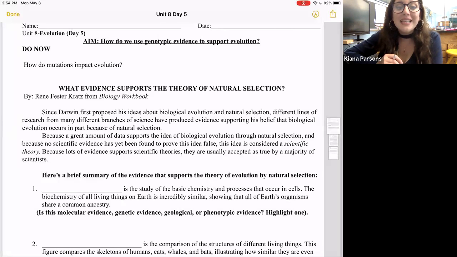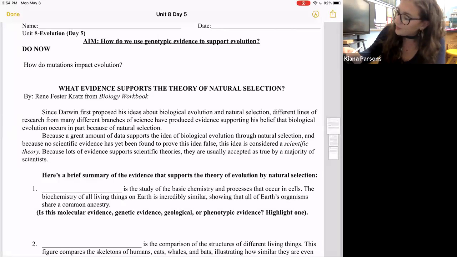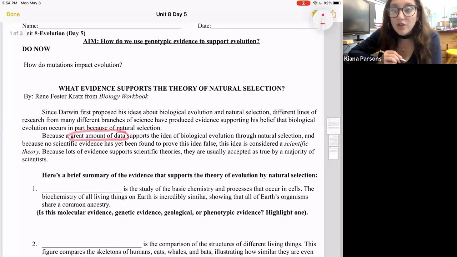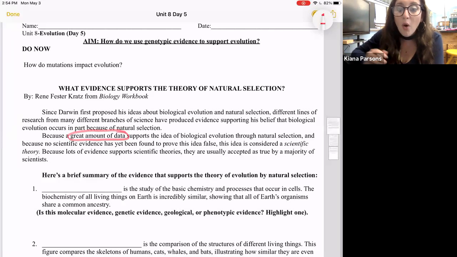Because a great amount of data supports the idea, and this is not a drill here, people, millions of experiments have been conducted by millions of scientists all over the world, amateur scientists, professional scientists, and all of this data supports biological evolution.